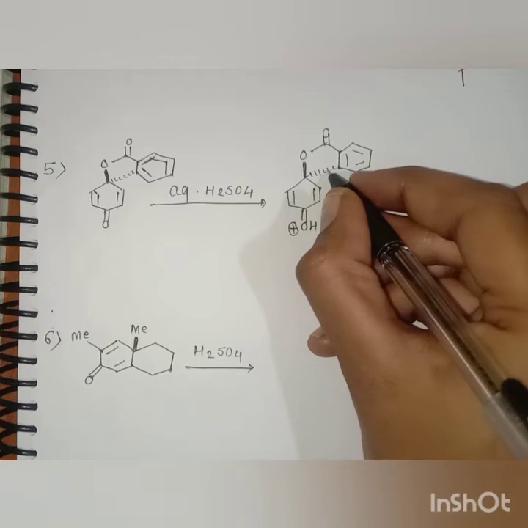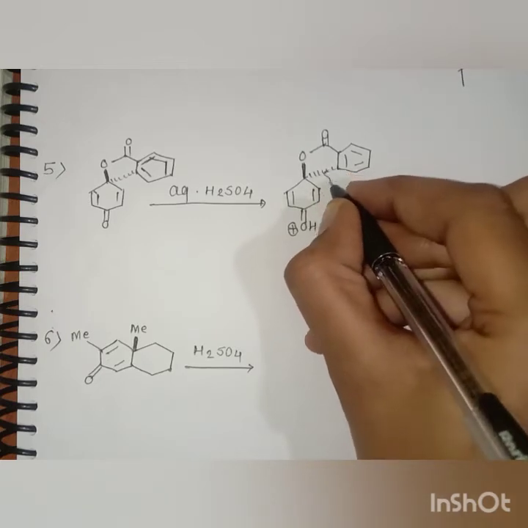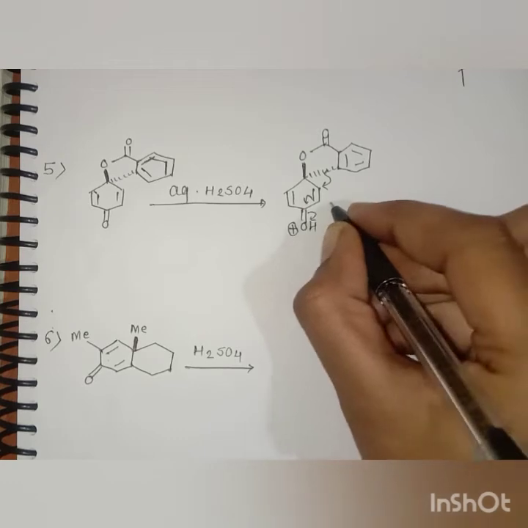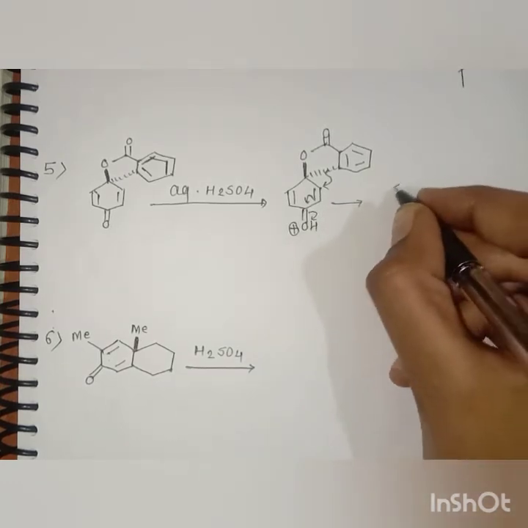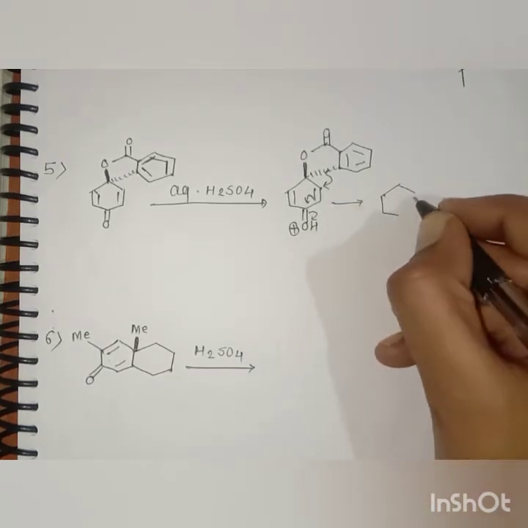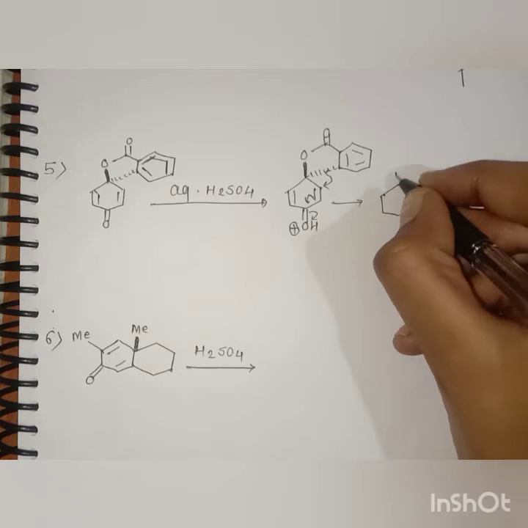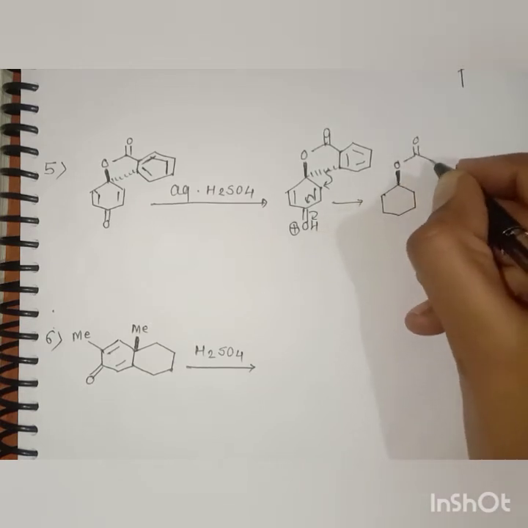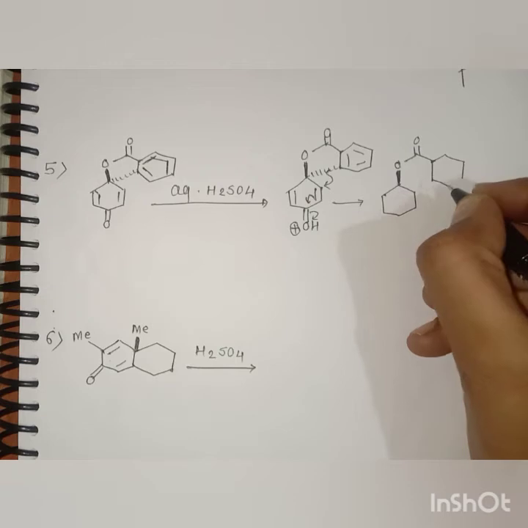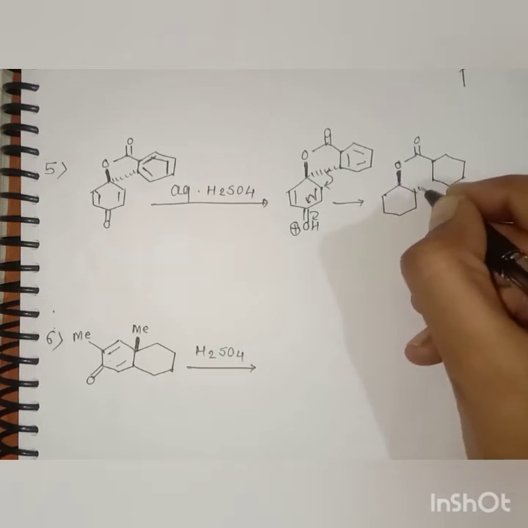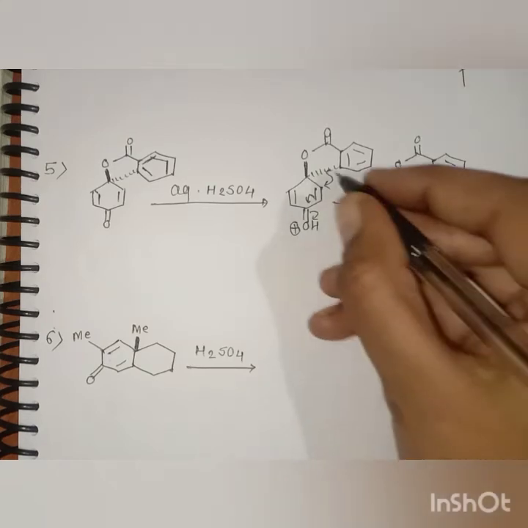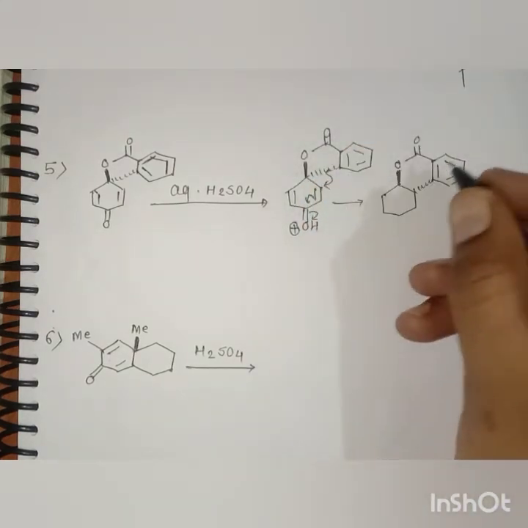Now this group is migrated because the carbocation formed after migration will be stabilized with the lone pair of this oxygen atom.